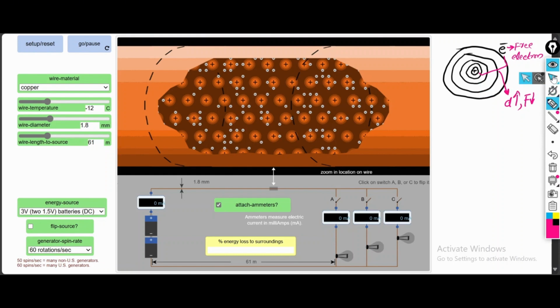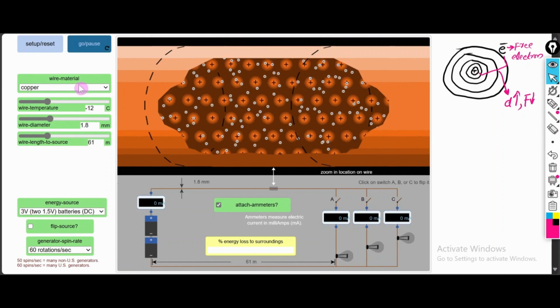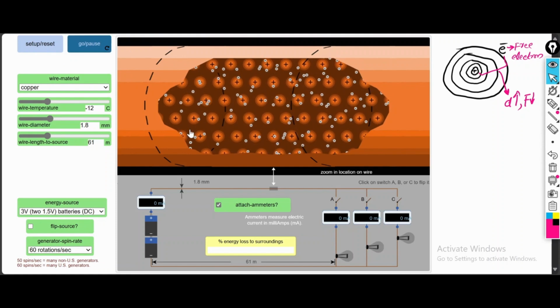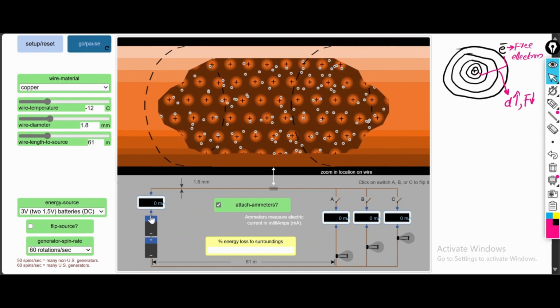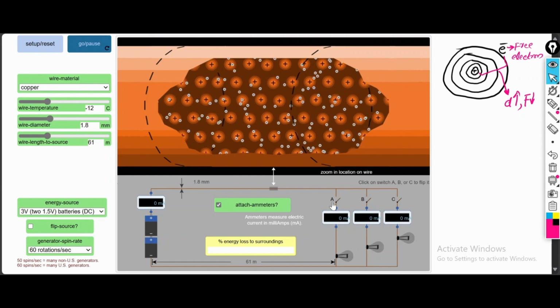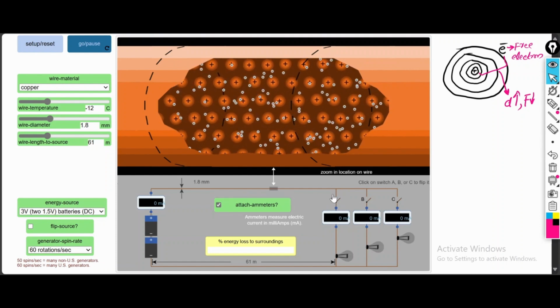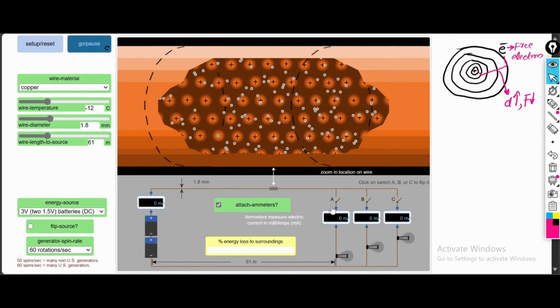Now we have to start the simulation. Here I click on this go and pause button. So this is go. If I click on this go button, the current through the wire is 0, because this switch is off.